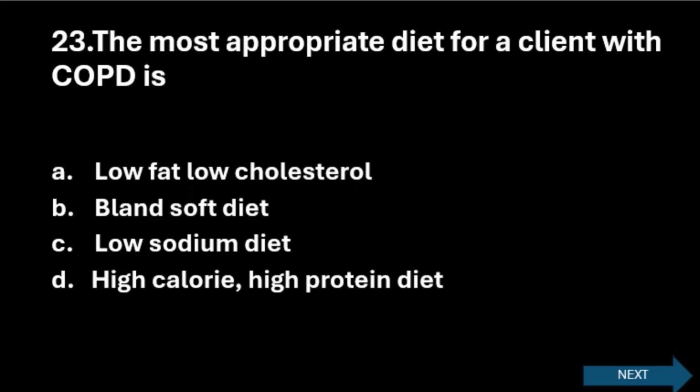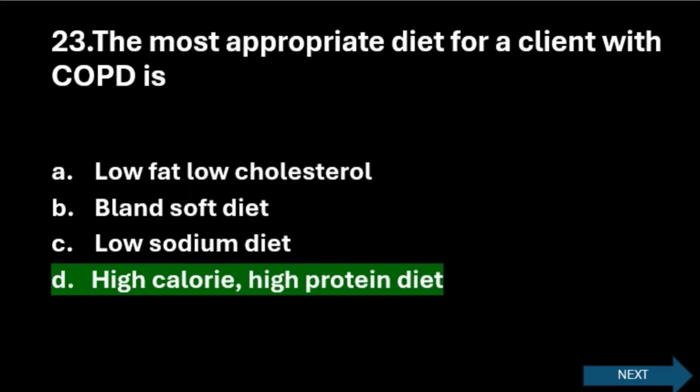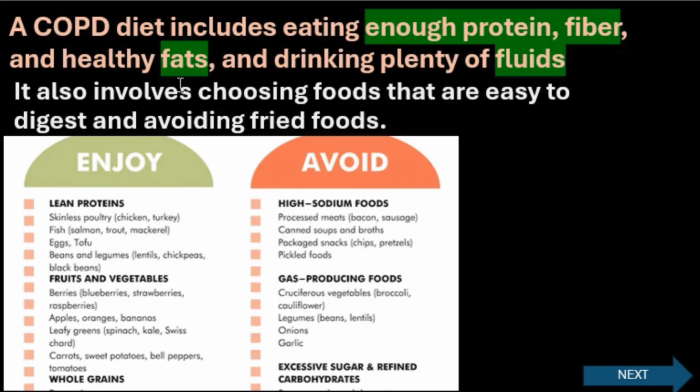Why? Because the COPD patient should eat enough protein, fiber and healthy fat and drink plenty of fluid. There is no restriction. Like CKD and all, there will be restriction of salt, fluid, etc. But here no restrictions. It also involves choosing foods that are easy to digest and avoiding fried foods.